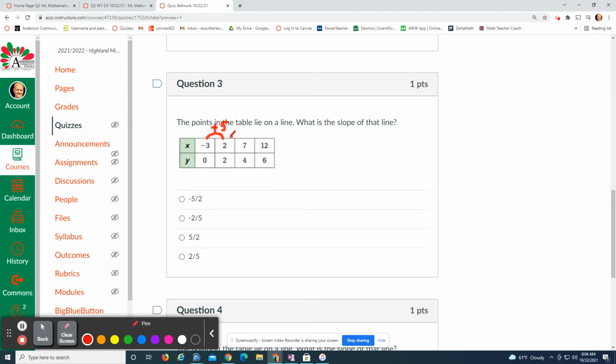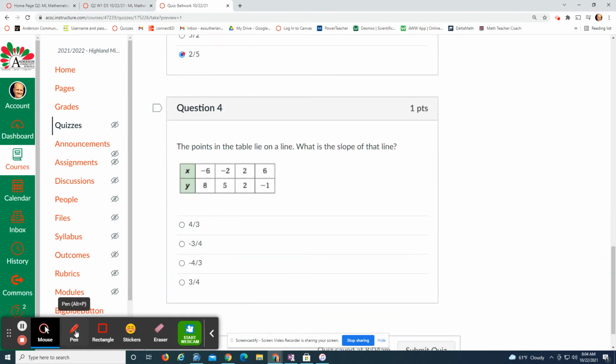But you could also check right here, if you're like, oh, well, 2 to 7 is plus 5. It should be the same. What do I got to do to 0 to get to 2? Add 2. So the rise is? And the run is? 5. So this is 2 over 5, which is right there.